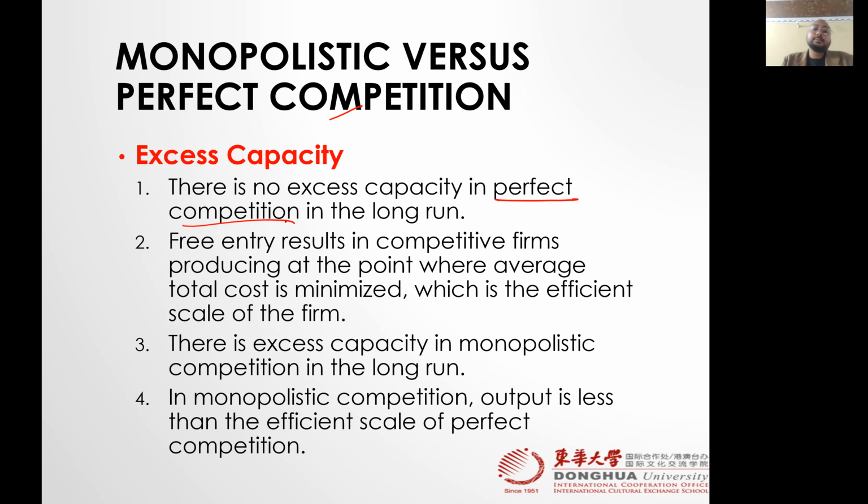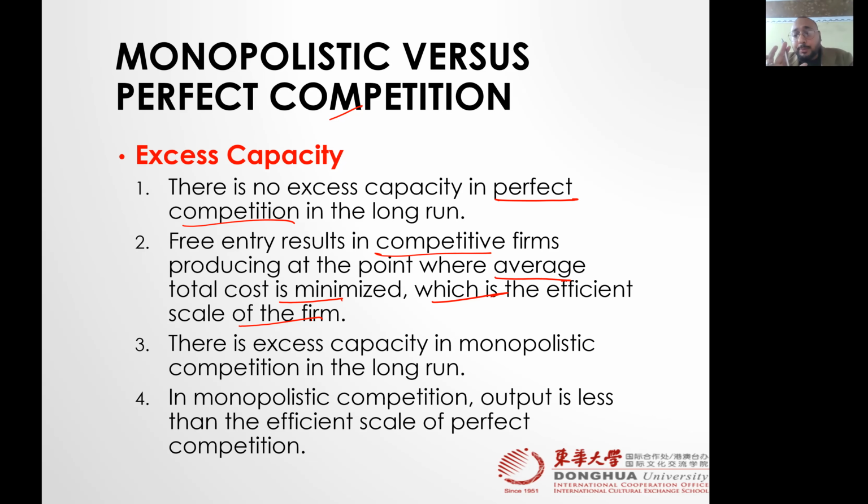All right. So free entry results in competitive firms producing at a point where average total cost is minimized, which is the efficient scale, which means the product is available to a wide number of customers, not just to a small number of customers.